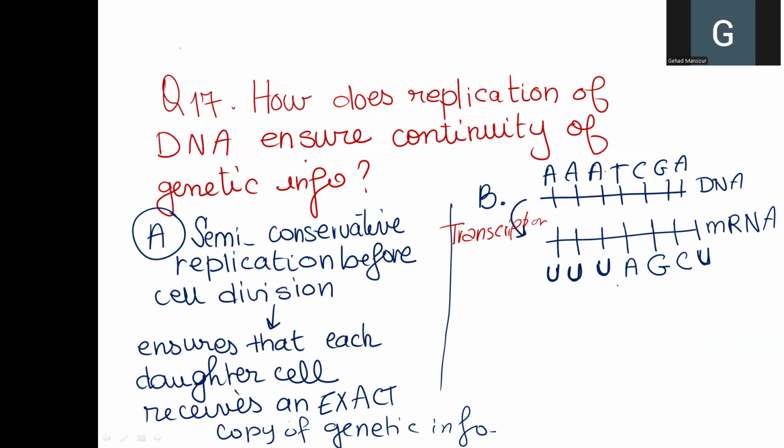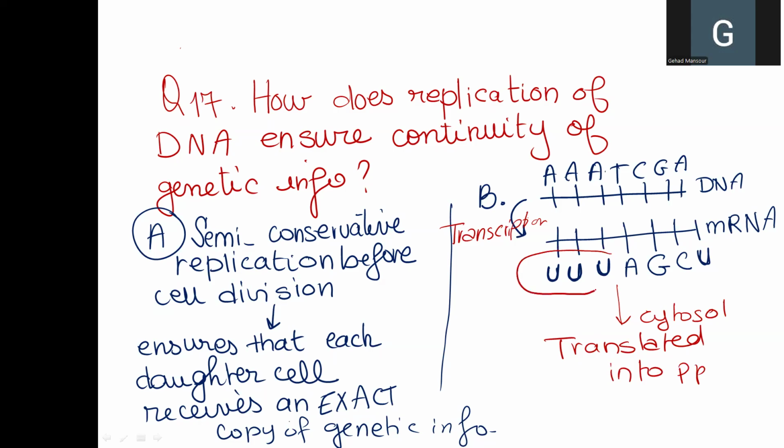And then messenger RNA leaves the nucleus to go to the cytosol to be translated into a polypeptide chain. And as I've just said, every 3 consecutive nucleotides represent one amino acid. So you have amino acid number 1, and then you have amino acid number 2.